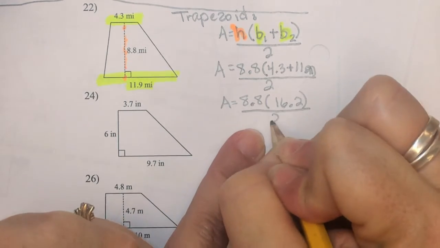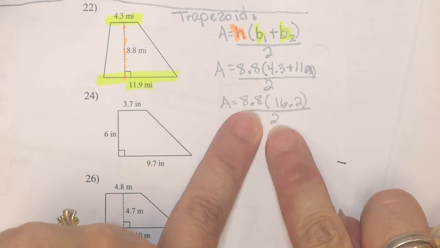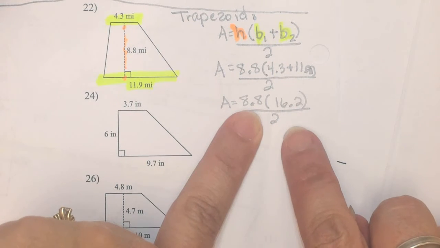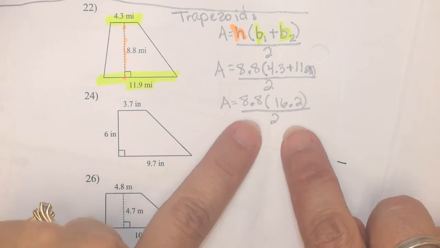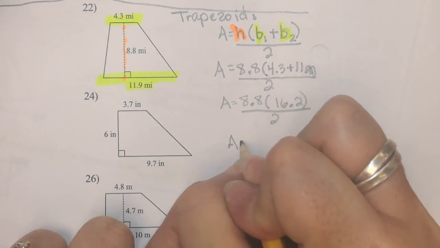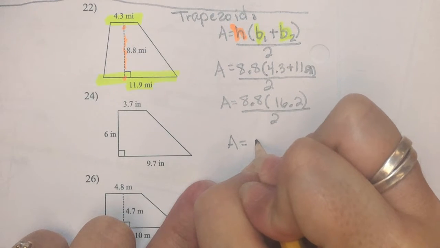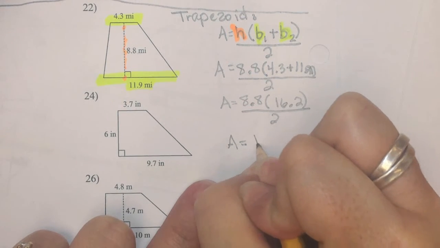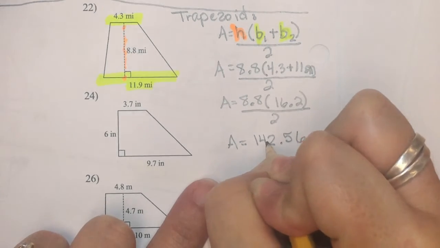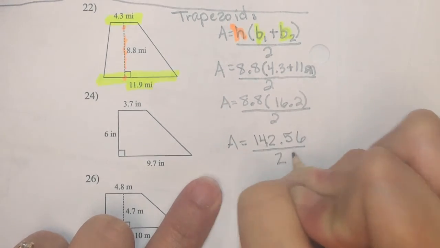But listen, I still have all that math left. You should be showing that. Then what's the next step? Multiply 16.2 times 8.8. What do you get? 142.56. Okay. And then we can't forget the divided by 2.